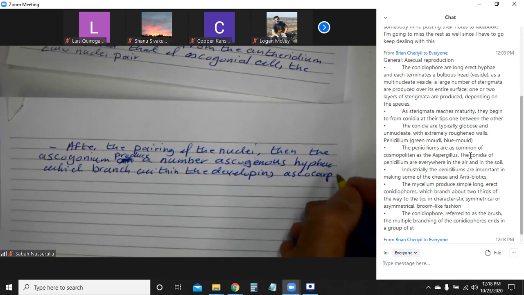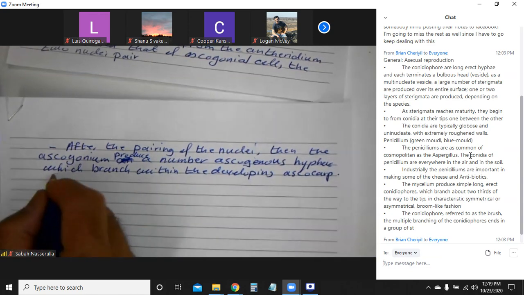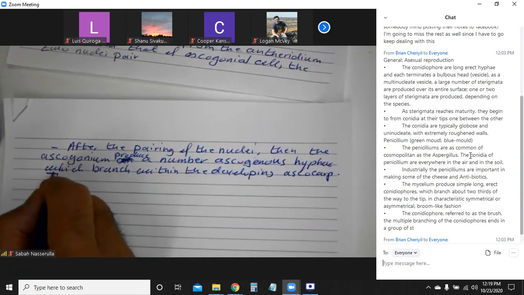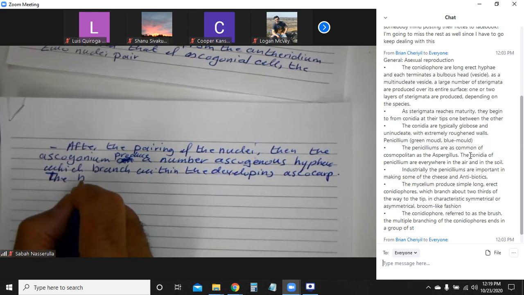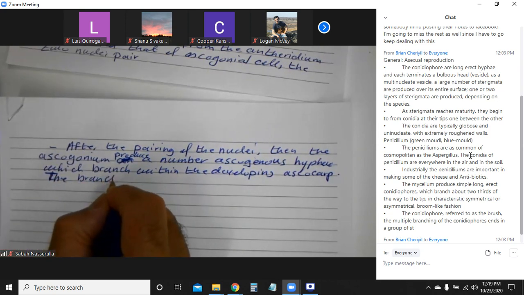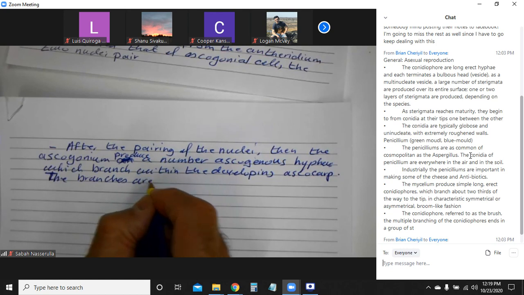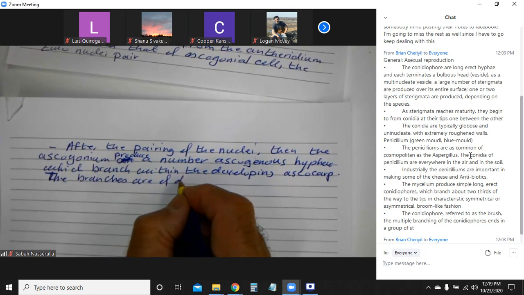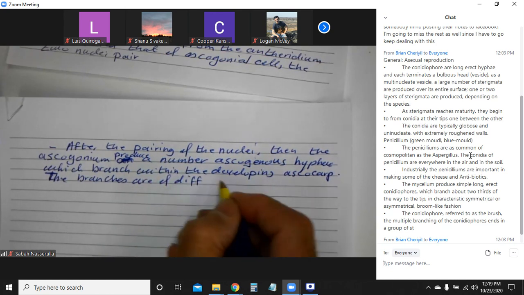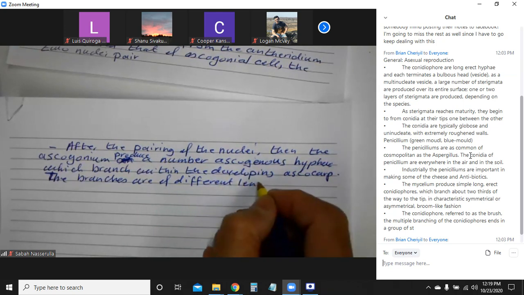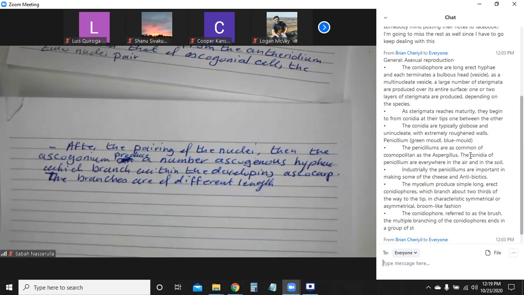And what happened here? The branches are of different lengths.